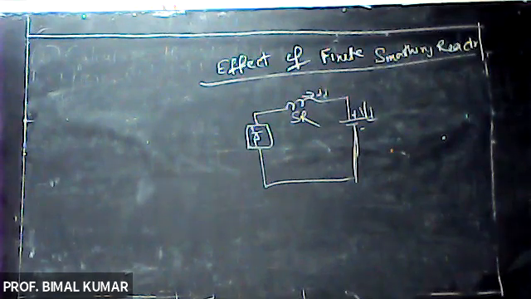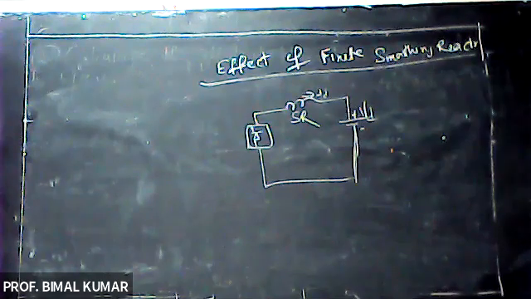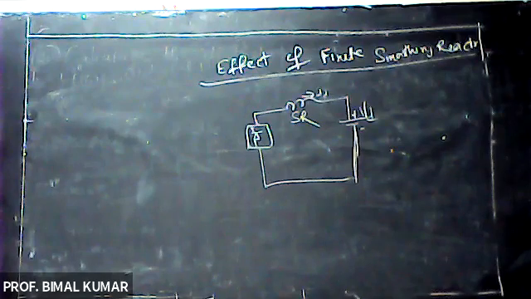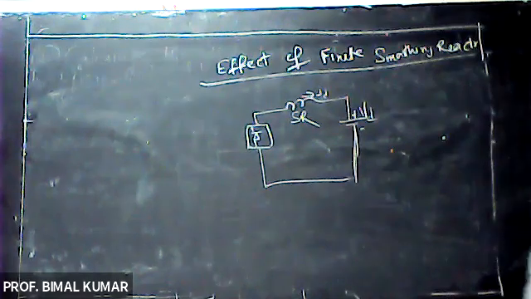This is the equivalent circuit for calculating the ripples. To calculate the ripple in the DC link current, consider this circuit.